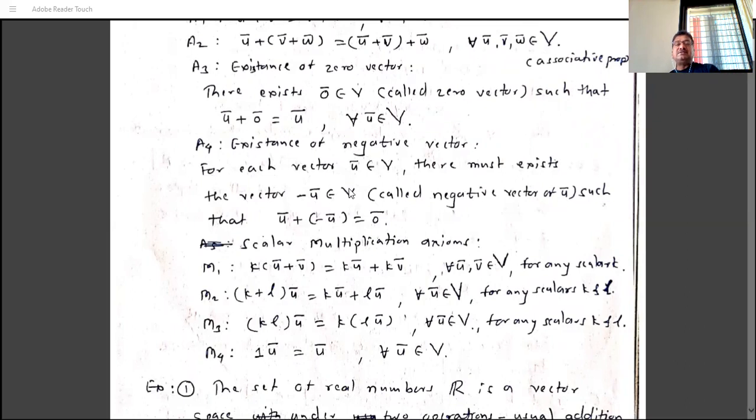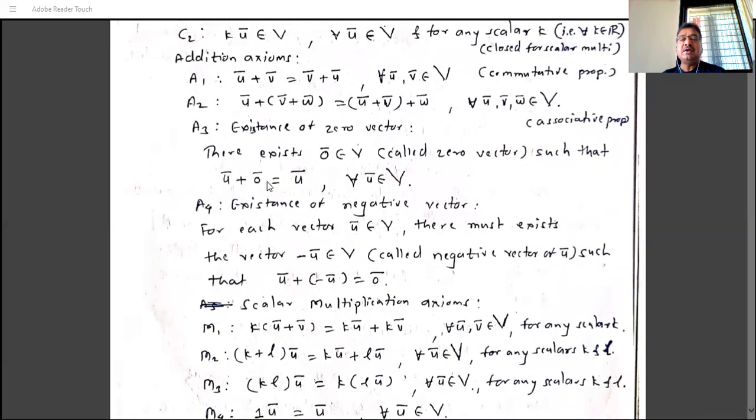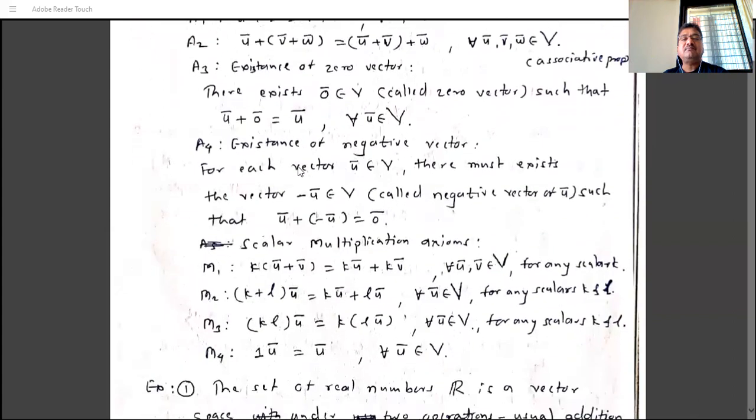For example, if you take the set of natural numbers, then 0 does not exist in it. So this property E3 is also not satisfied for the set of natural numbers. This fourth property is also not satisfied for the natural numbers, because what is the negative of 2? It is minus 2. Minus 2 does not exist in the set of natural numbers.